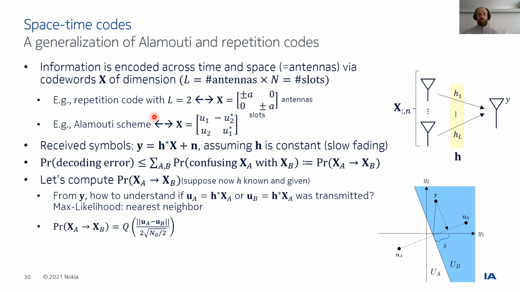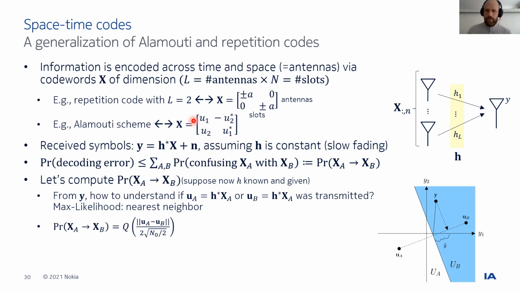Alamouti scheme is also a sub-case where basically over the first slot you transmit this over the 2 antennas, and in the second slot you transmit this on 2 antennas. But what if we want to generalize this and say, well, I have L antennas, I have N slots at my disposal. What can I do in order to minimize the probability of error?